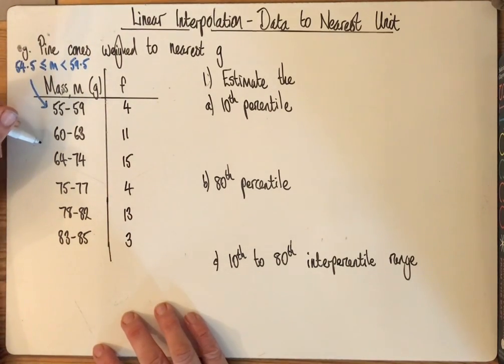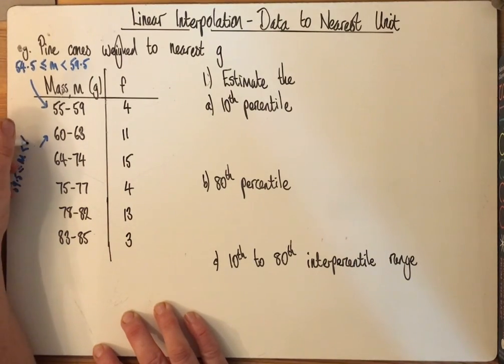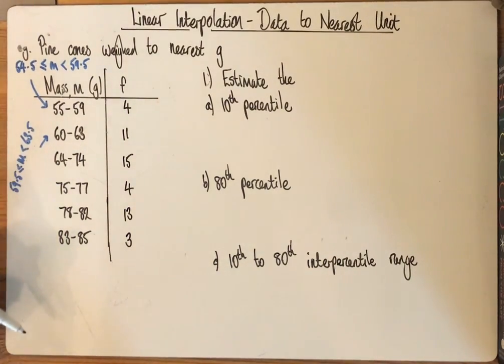And then once you get to 59.5, you would round up to 60. So this one is 59.5 less than or equal to m less than 63.5, etc. I won't write them all in. I've deliberately made the class widths different widths so that you can get an idea of what I'm doing.